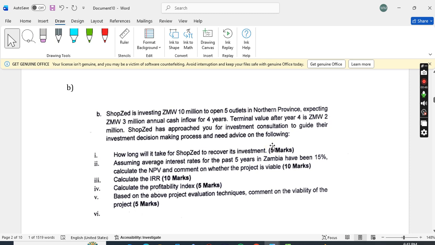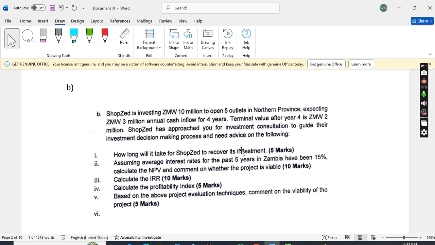So here, this question is dealing with investment appraisal or capital budgeting. Capital budgeting is all about deciding what the company is going to invest in and to see if the investments are worthwhile or not. So part 1 is about the payback period.